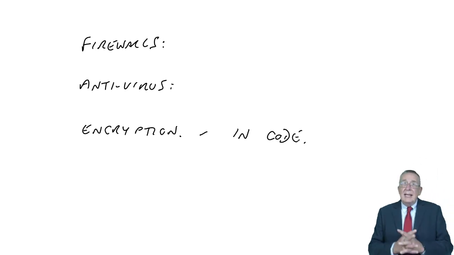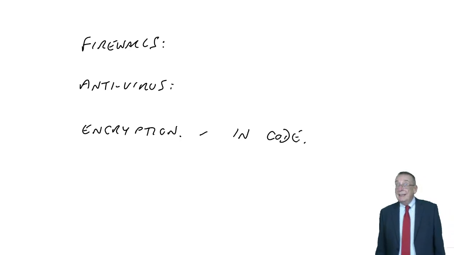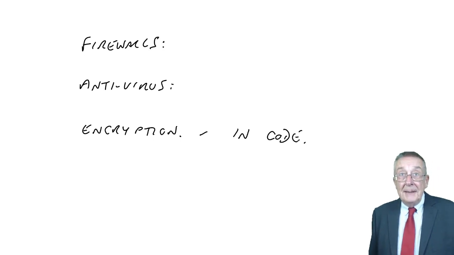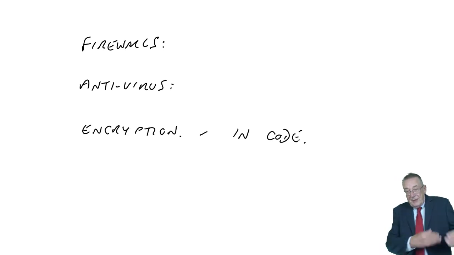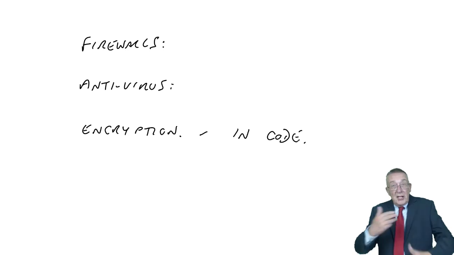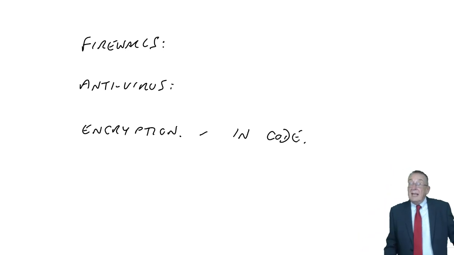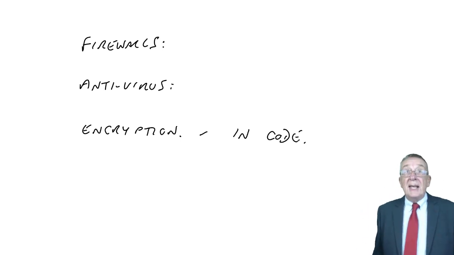Well, with encryption, even if somebody manages to get into our system and steals our data, if it's all kept in code, then hopefully they won't be able to make any sense of it. It's all coded up. The computer automatically codes it, and when we use the data, it automatically unencodes it, decodes it. But somebody else steals it. Hopefully, they won't be able to understand it because it's in code.